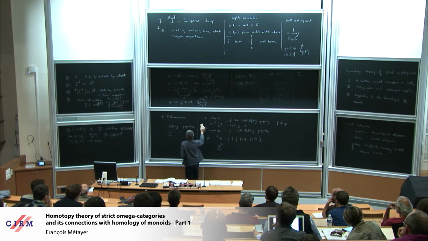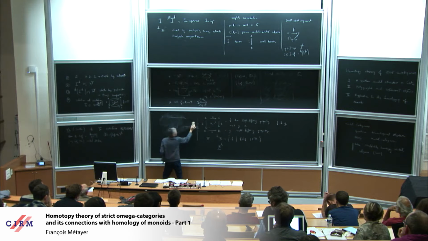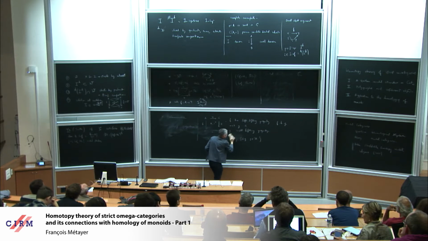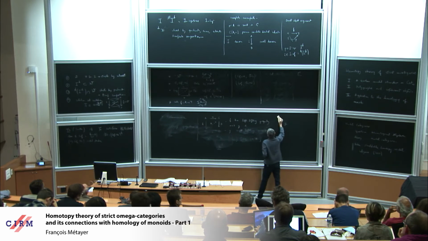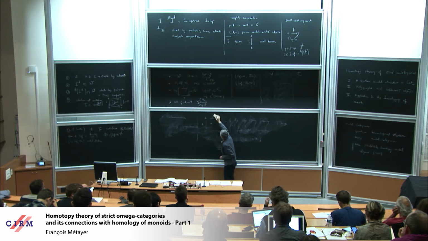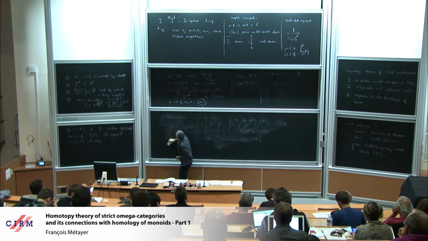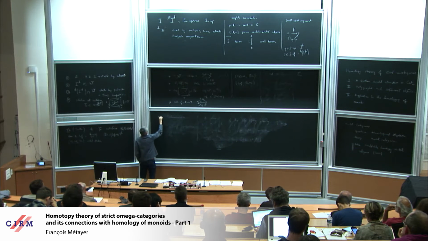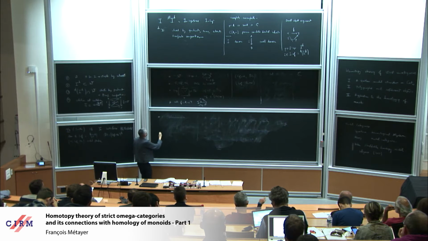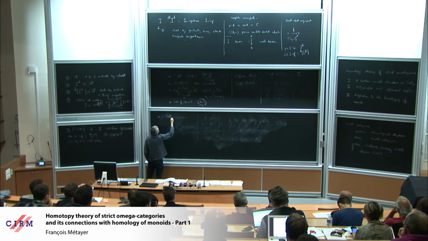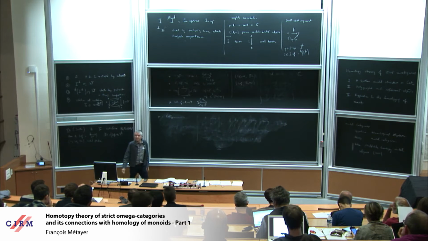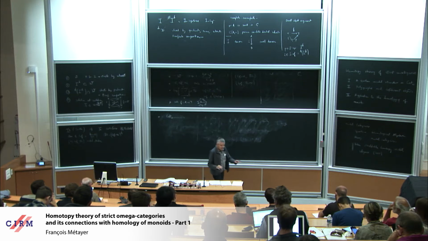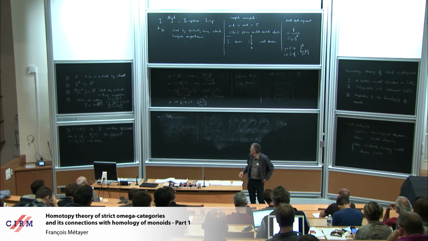So let's enter the central object of the course, which is the model structure on Cat omega, strict omega categories. So I'll be more precise here.